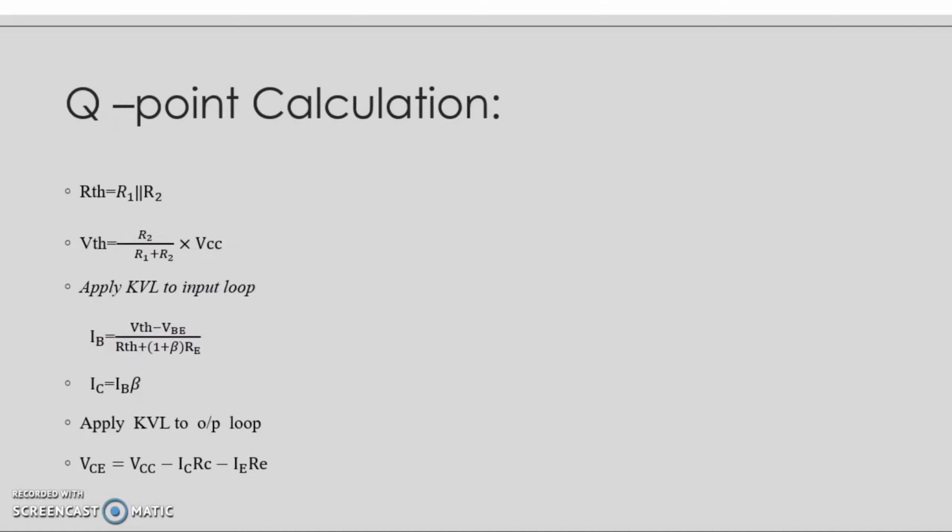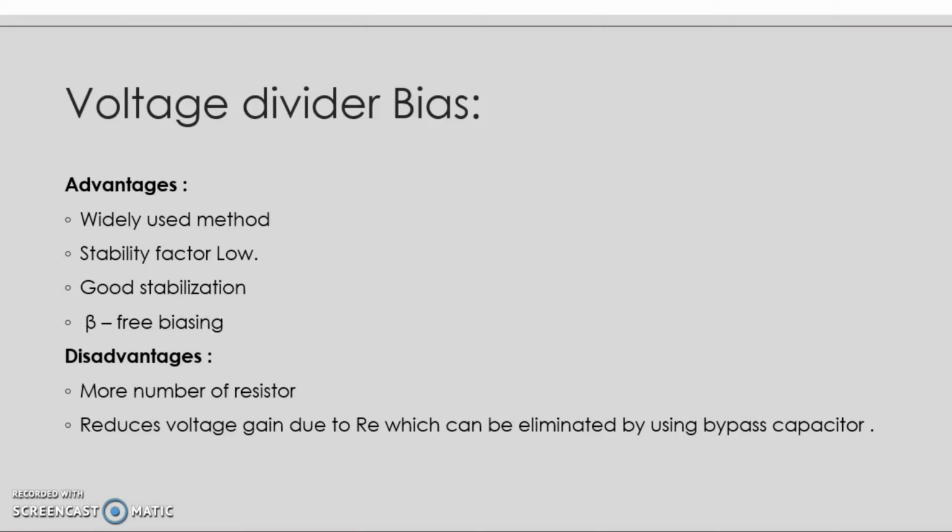Then the stability factor. The stability factor comes out to be 1 plus beta upon a denominator term. See here, the stability factor is less. That is the main benefit of voltage divider bias.